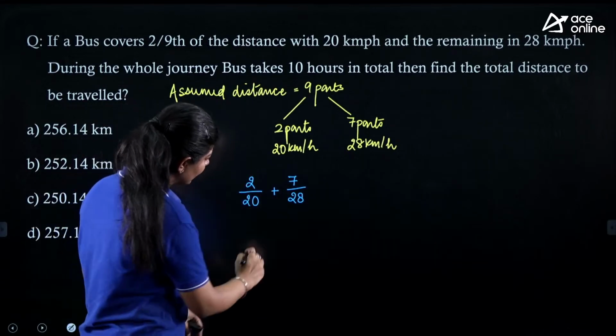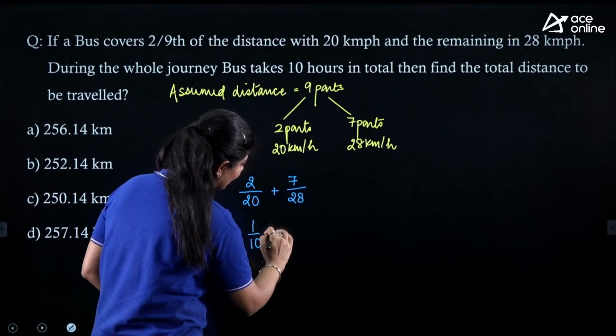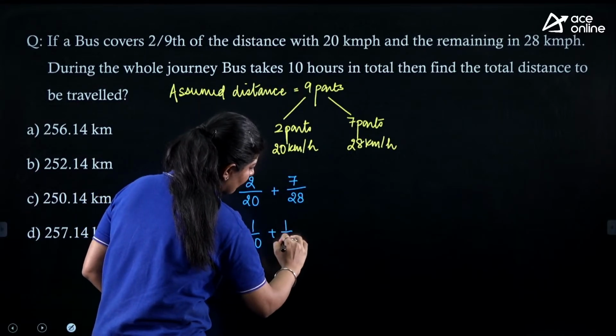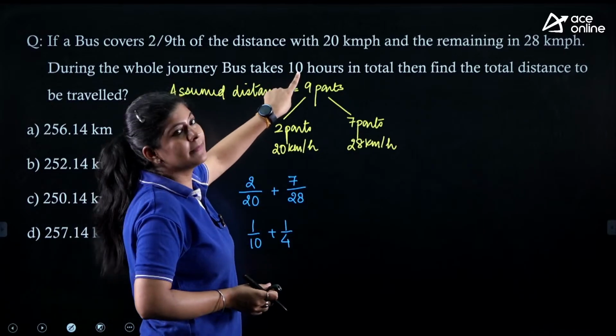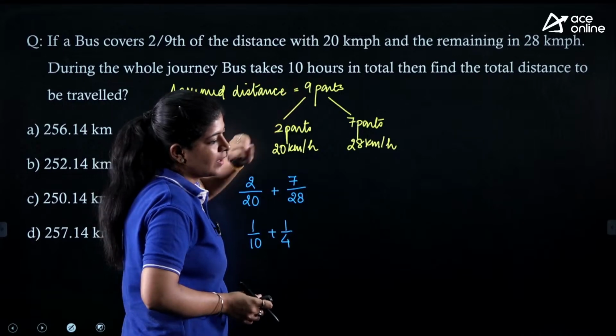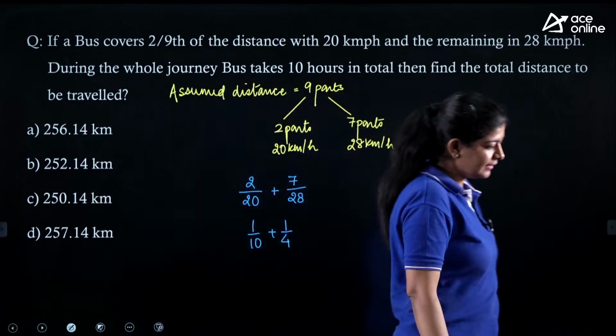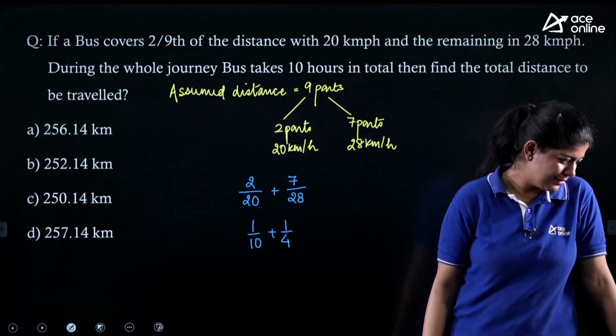Now this fraction can be written as 1 by 10 and this fraction can be written as 1 by 4. According to the question, the whole journey is completed in the time period of 10 hours, right?